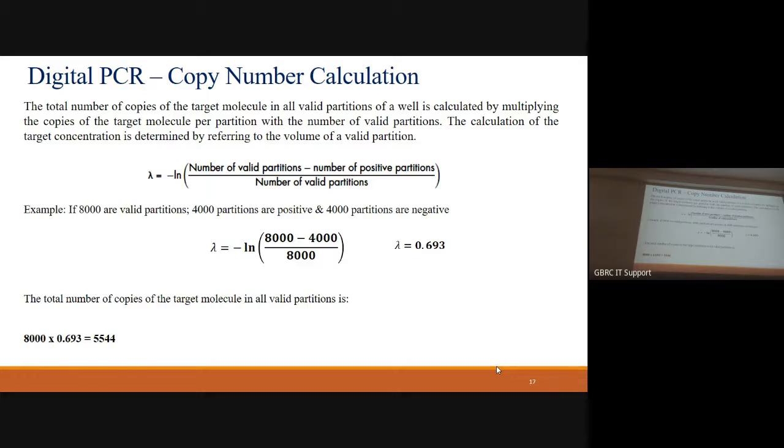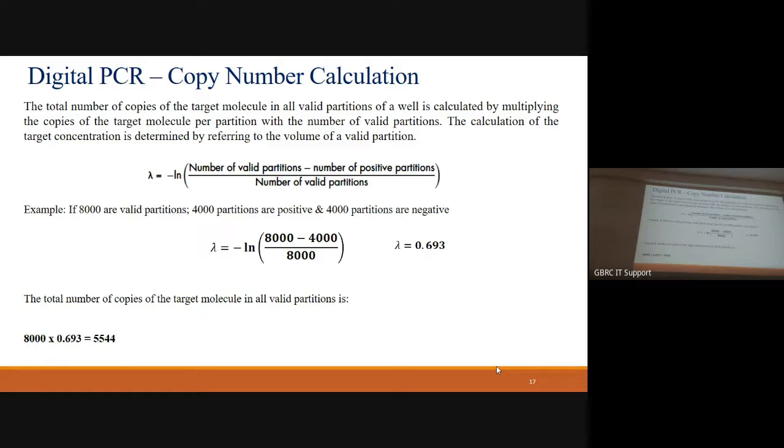So all partitions will not have your reaction mix. Suppose from the 26,000 partitions, 25,000 partitions have the reaction mix, that will be called a valid partition. Only those partitions will be considered for further calculation of copies. From that valid partition, how many are positive partitions, which are giving the fluorescence, and how many are negative partitions. So the total number of copies of target molecule will be based on this.